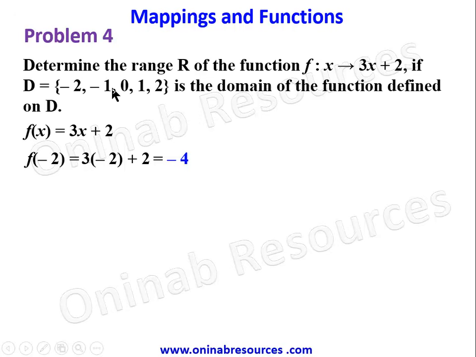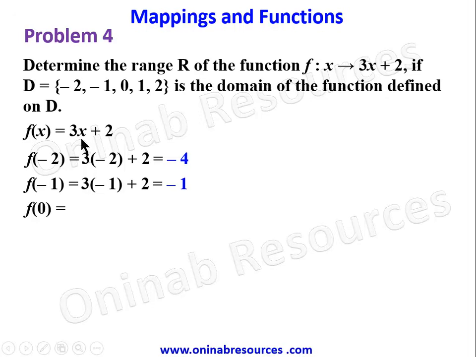Now when x is -1, we have f(-1) is equal to 3 into -1 plus 2. 3 times -1 gives -3. -3 plus 2 gives -1.